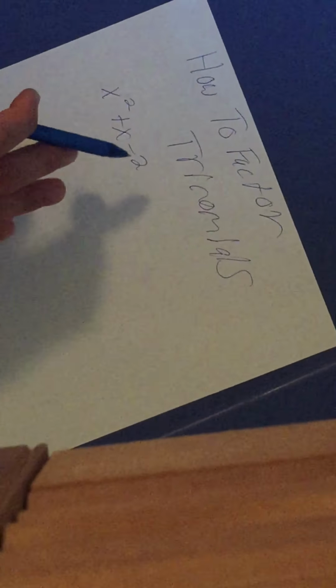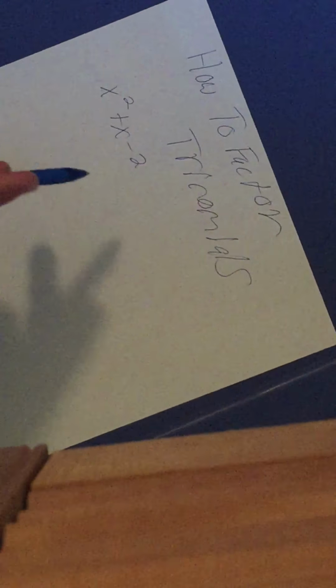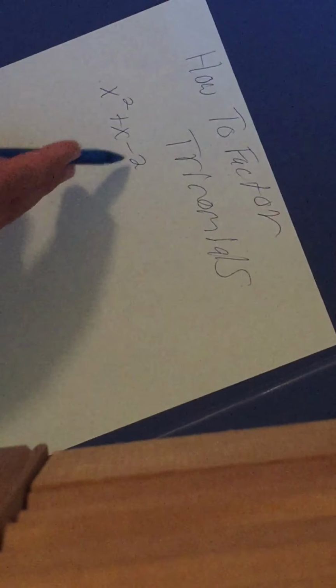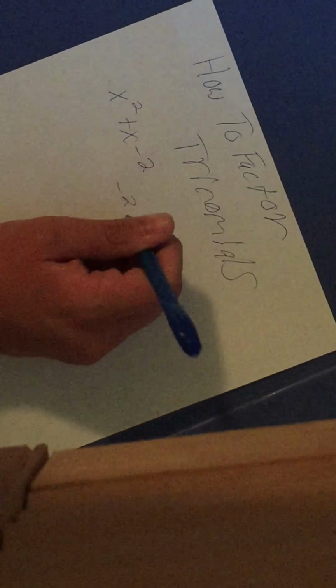For the second step, you want to find two numbers that multiply to get your number here, which again is negative 2, but also add or subtract to get the number in front of the x. Since it's a negative, they're going to have to subtract.